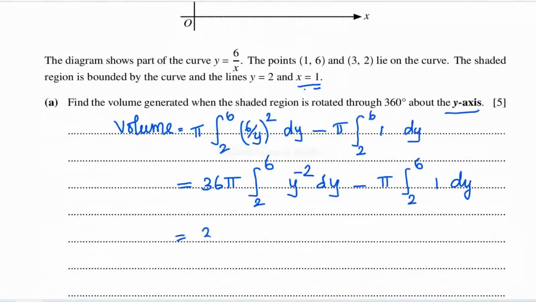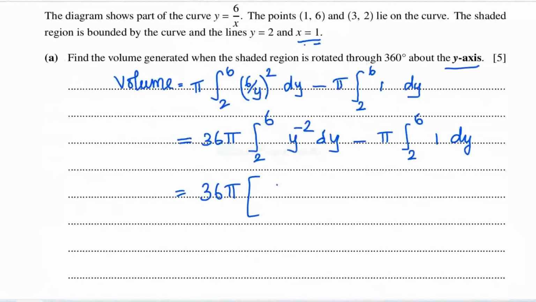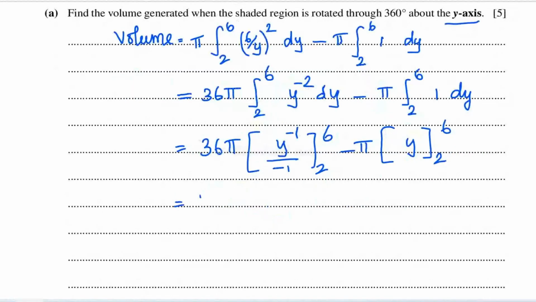36 pi, on integrating you will get y power negative 1 divided by negative 1, 2 to 6, minus pi. On integrating 1 you will get y, 2 to 6. 36 pi.